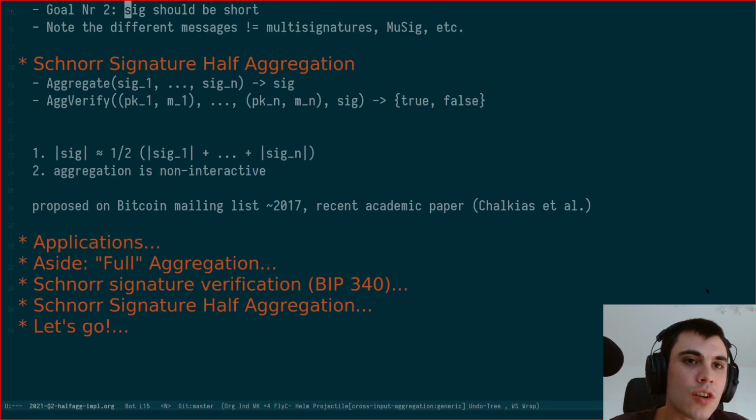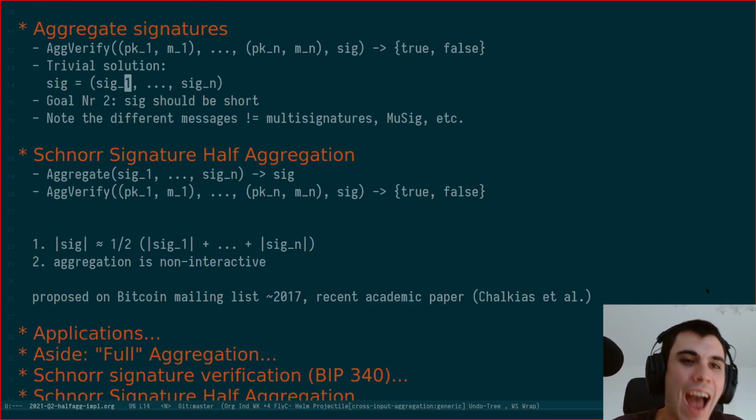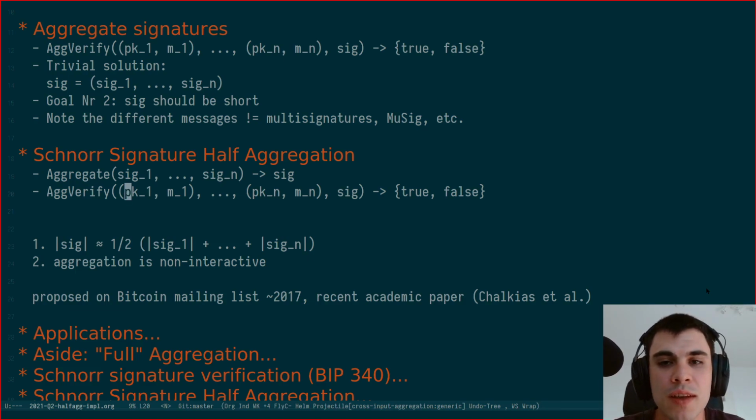Now let's look into Schnorr signature half aggregation. Here we have two additional algorithms to our standard signature algorithms, which is an aggregate algorithm that takes a bunch of signatures and outputs a single signature, and the verification algorithm that we've seen before.